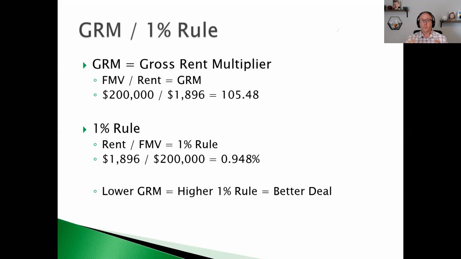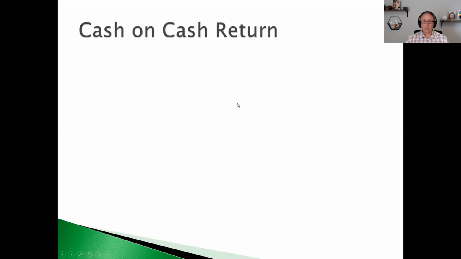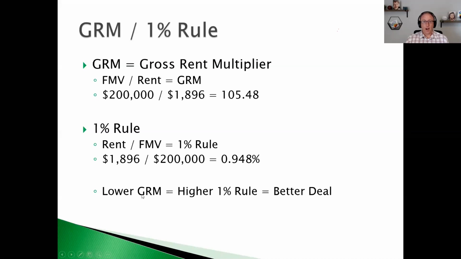So you can plug this formula in, and if the normal in the area is 120, and this is a 105, it's a lower GRM than what they say the market is, so that's a better deal. That's a pretty good deal, right?